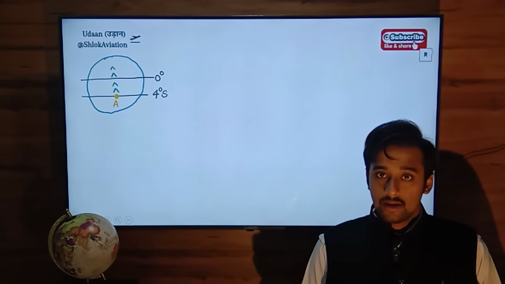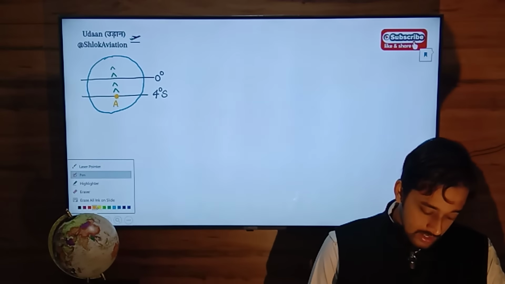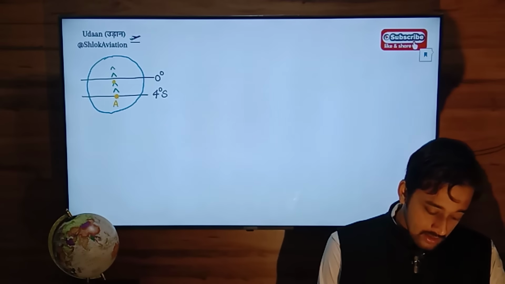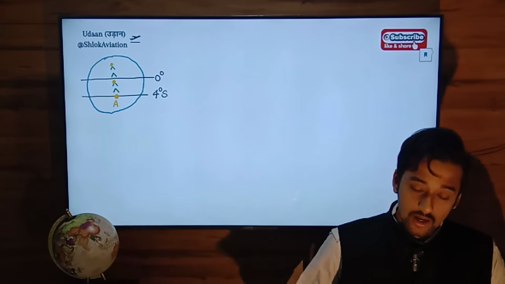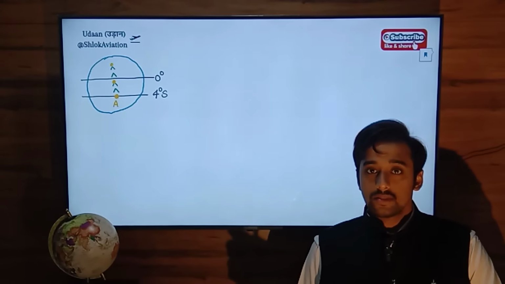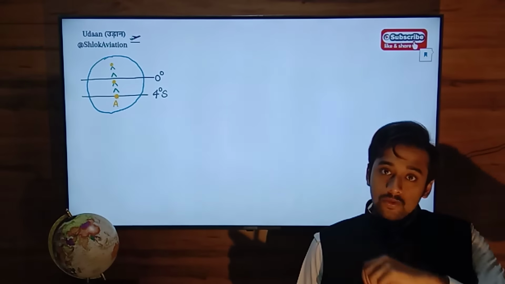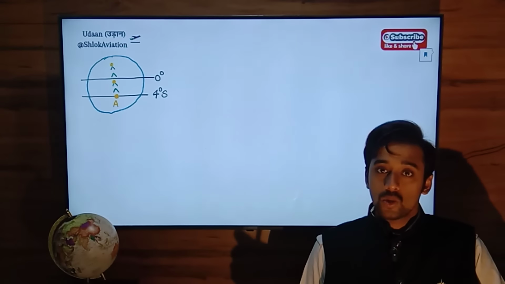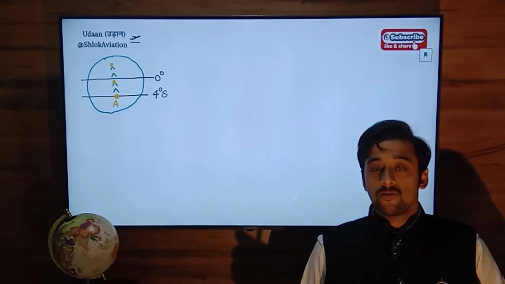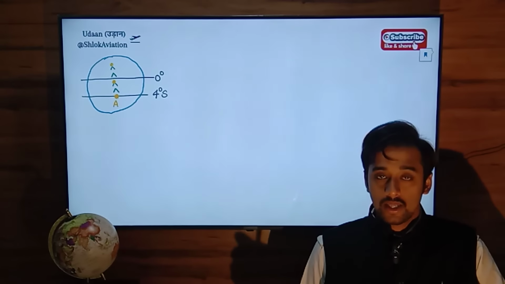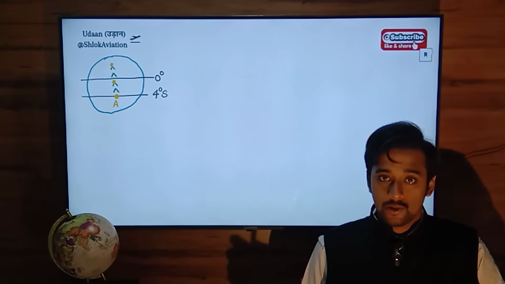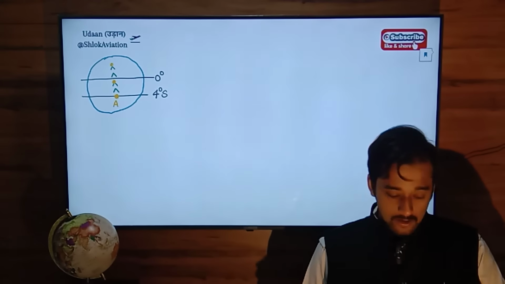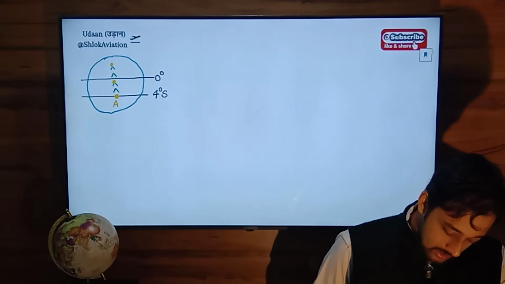To determine whether our final destination is in the southern or northern hemisphere, we will have to find the difference between those two latitudes. Now, when you fly in a northerly or southerly direction along a fixed meridian of longitude, you fly a great circle track. So let's use the great circle formula.